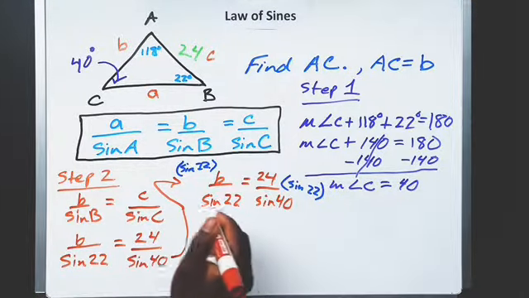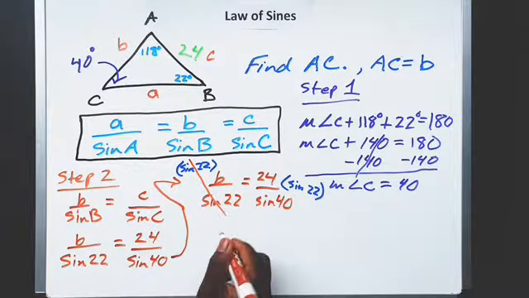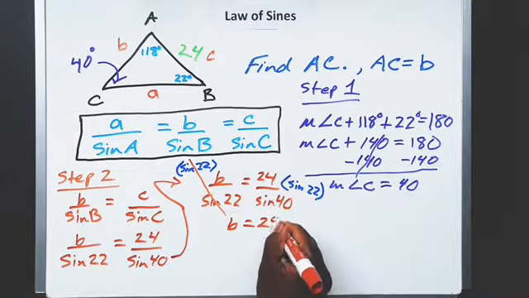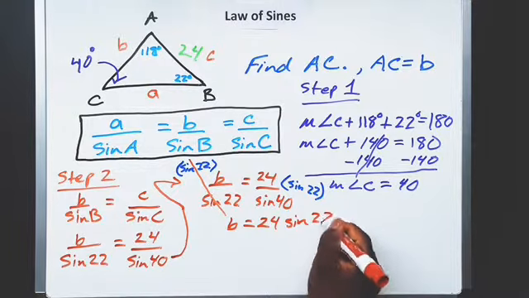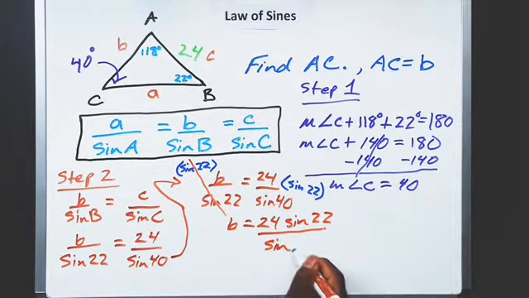When I do that, this crosses out, and I bring down b equals 24 times the sine of 22 divided by the sine of 40.